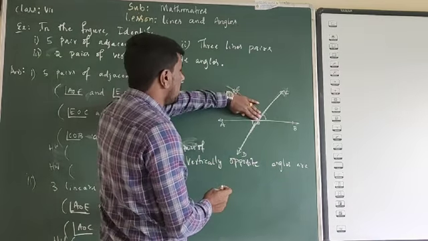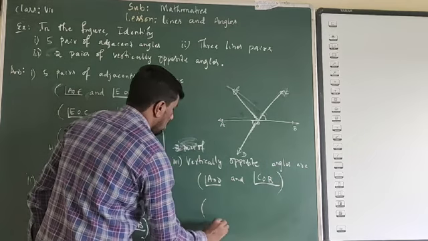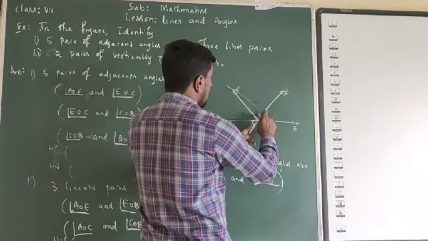This is CD, this is CD. So this will be one pair of vertically opposite angles. What is that angle? Angle AOD, then angle COB.